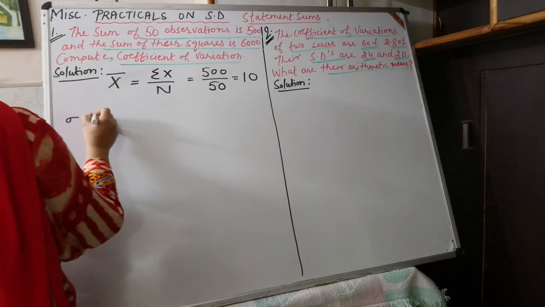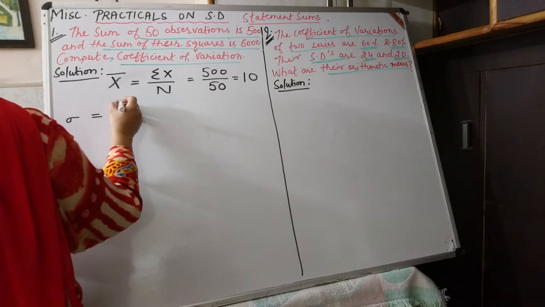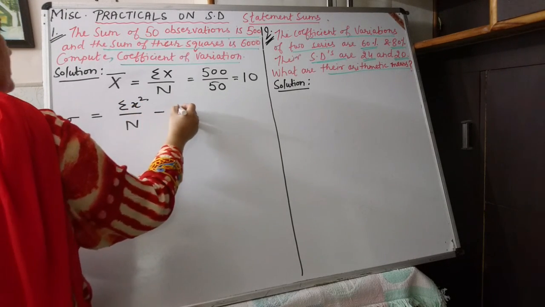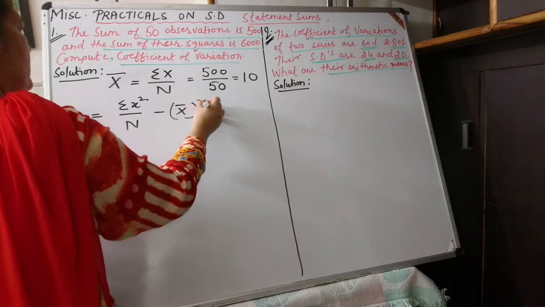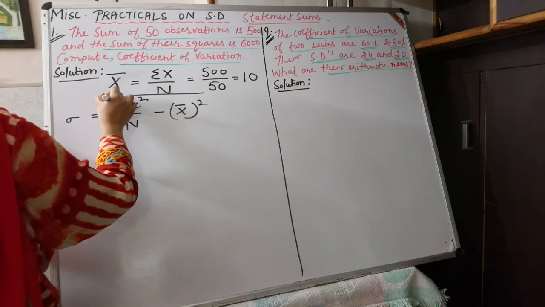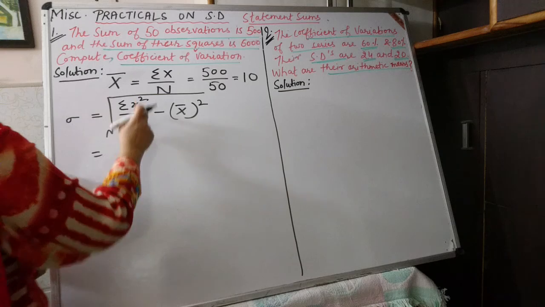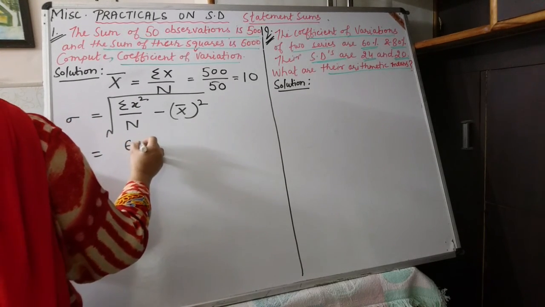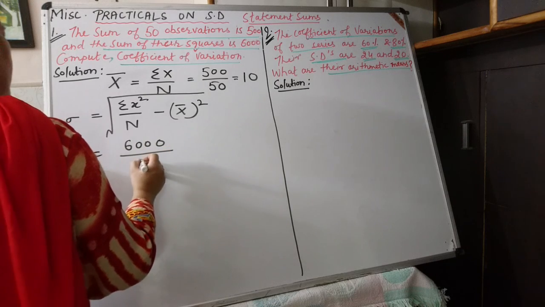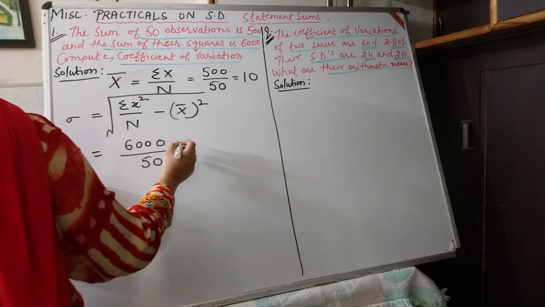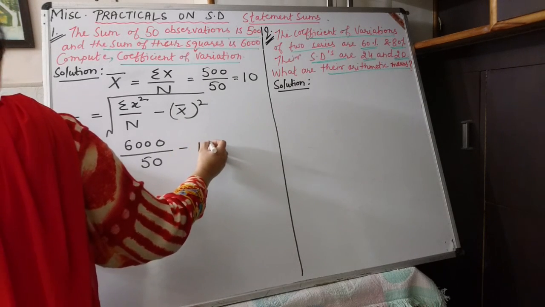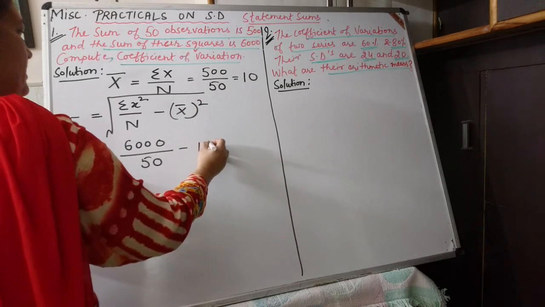Now for the calculation of standard deviation: standard deviation is equal to the square root of sigma x square divided by n minus x bar square, which is the square root of 6000 divided by 50 minus 10 square, that is 100.